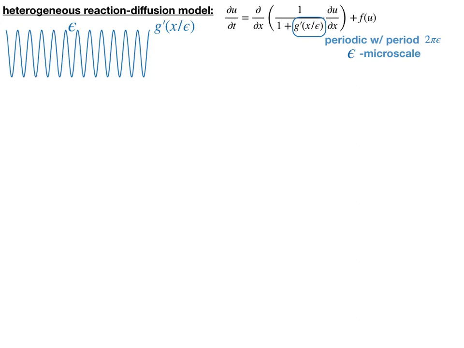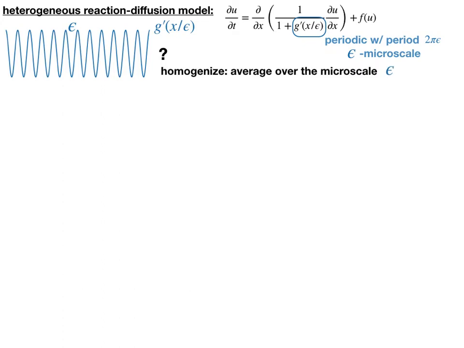And so the idea is that this microscale is small enough that we can sort of approximate its effects by saying that we have a perturbed version of what we'd have in the limit as epsilon goes to 0. And as epsilon goes to 0, the oscillations become high enough that the effect is that you just recover the homogeneous system.